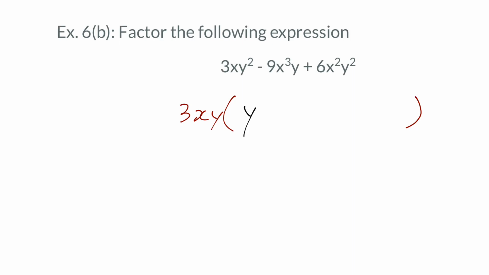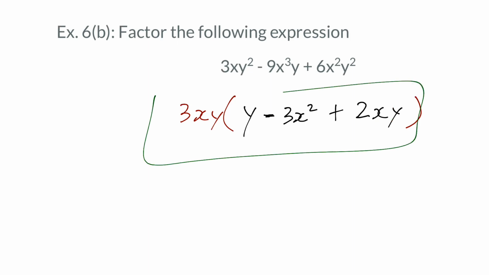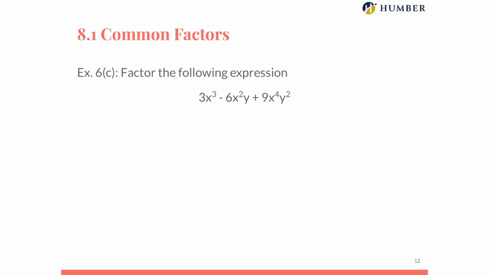The second term would be 3x squared, okay? And the last one would be 2. Sorry, that's it. So in this case, that's as much as we can do. Does that make sense for everyone? All right, let's keep going.